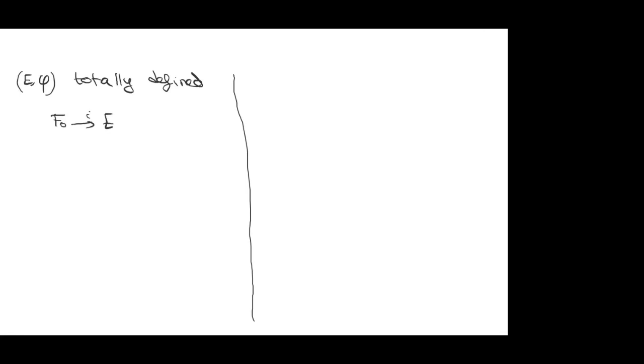So we have the kernel, the co-kernel, and then if we have a nilpotent Higgs field, it will be totally determined if we know a morphism from F1 to F0K.